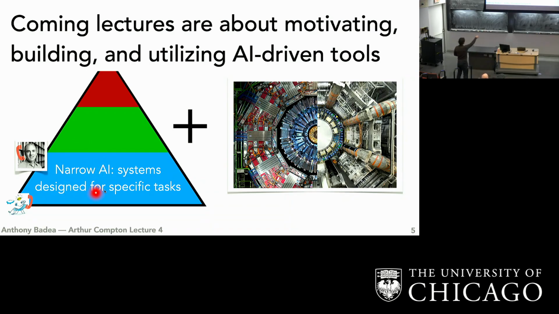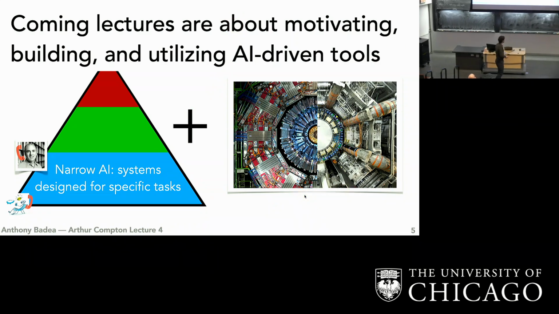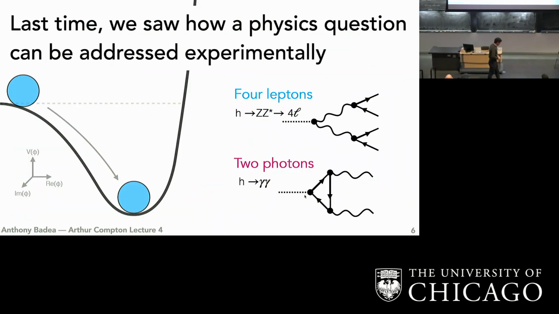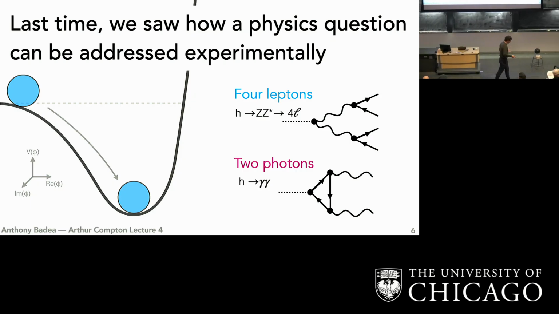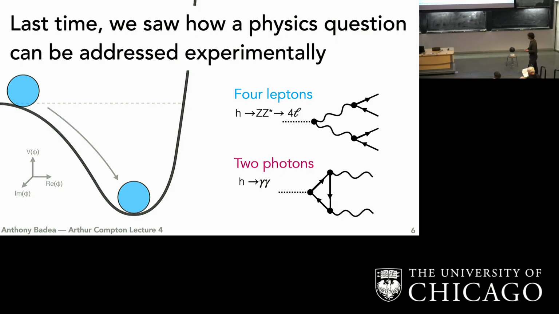And so this is where we're going to focus, and we're going to focus on the intersection between these two fields and how we use tools from this area to try to make understandings of this area. And so last time, we went through an example where you could see in action how we converted a big physics question, which was how do particles acquire mass, into a theory.